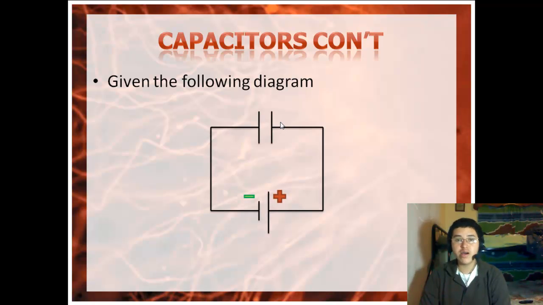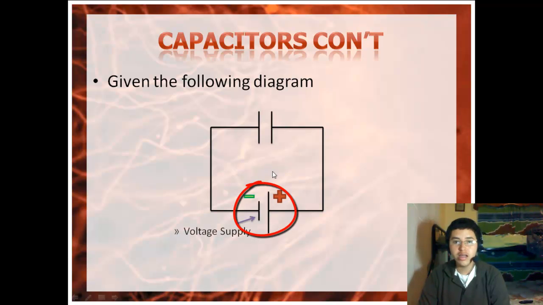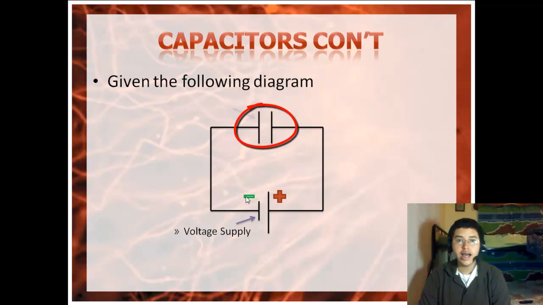Now, given the following diagram, as you can see here, we have our power source down here, with the long line being the positively charged and the short one negatively charged. And up here, we have our capacitor.